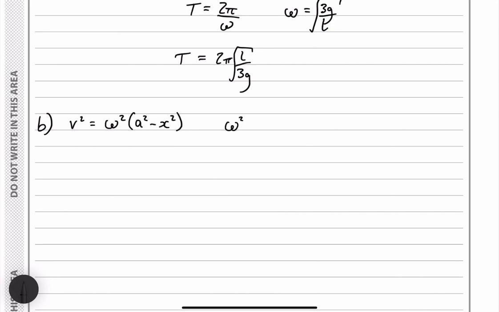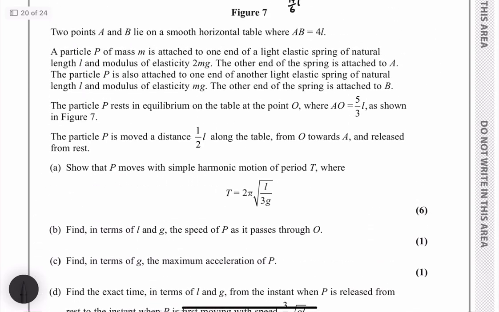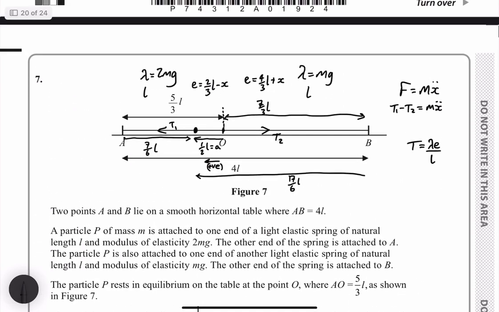We know omega squared is equal to 3g over L, and at O, the displacement from O is obviously 0. So v squared is equal to omega squared a squared, 3g over L times A, and A is the amplitude that I marked on the diagram earlier, which is a half L.